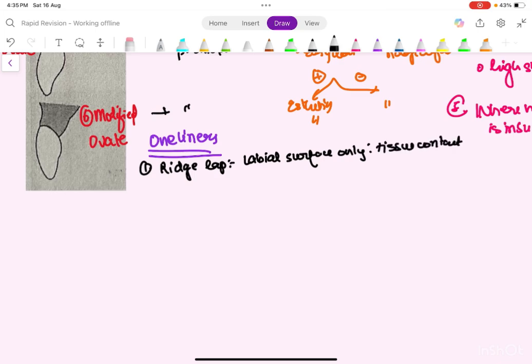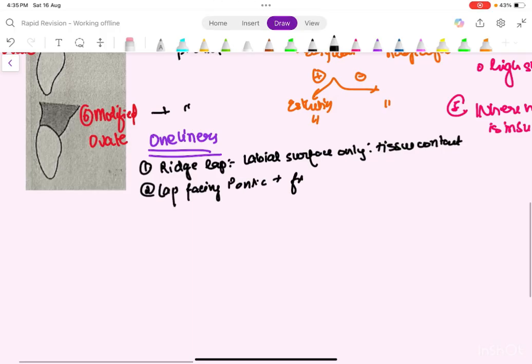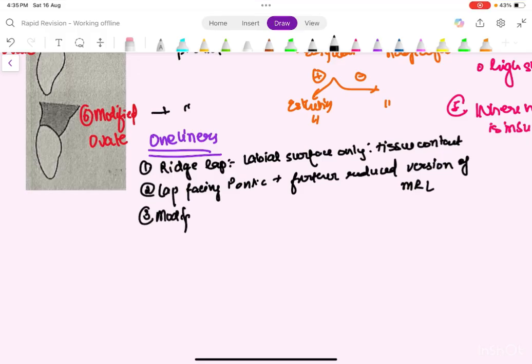Okay. Then what is lap facing Pontic? This is a further reduced version of modified ridge lap. Okay, then certain points about modified ridge lap.